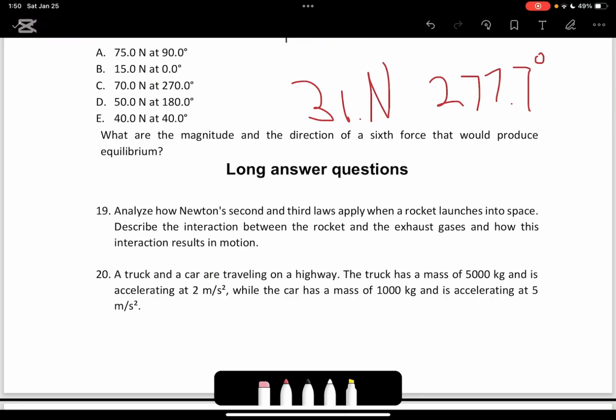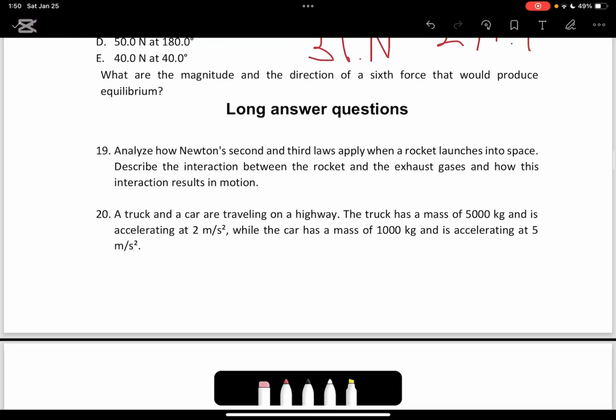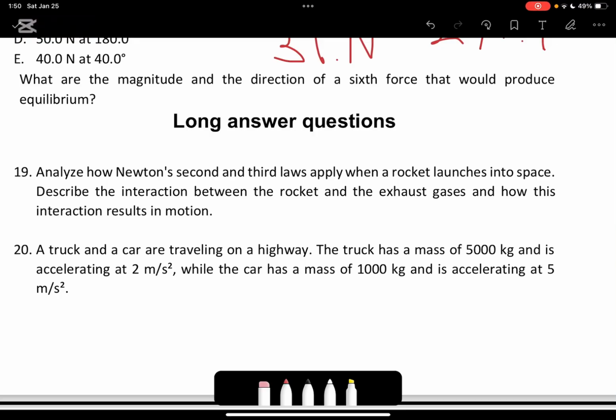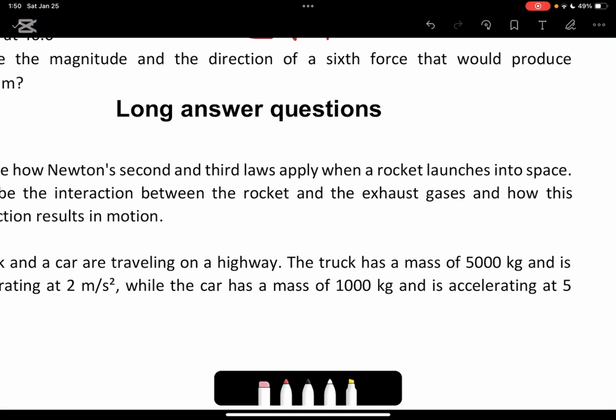When the rocket launches into space, Newton's 2nd and 3rd law of motion explain its motion.